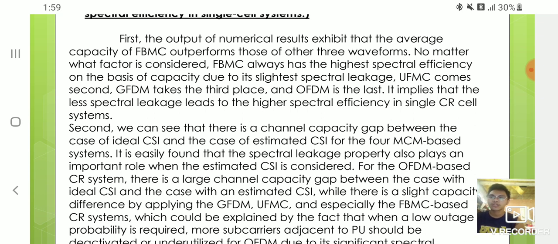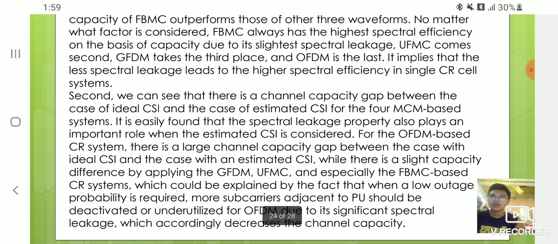No matter what factor is considered, FBMC always has the highest spectral efficiency on the basis of capacity due to its slightest spectral leakage. UFMC comes second, GFDM takes the third place and the OFDM is the last. It implies that less spectral leakage leads to higher spectral efficiency in single CR cell systems.